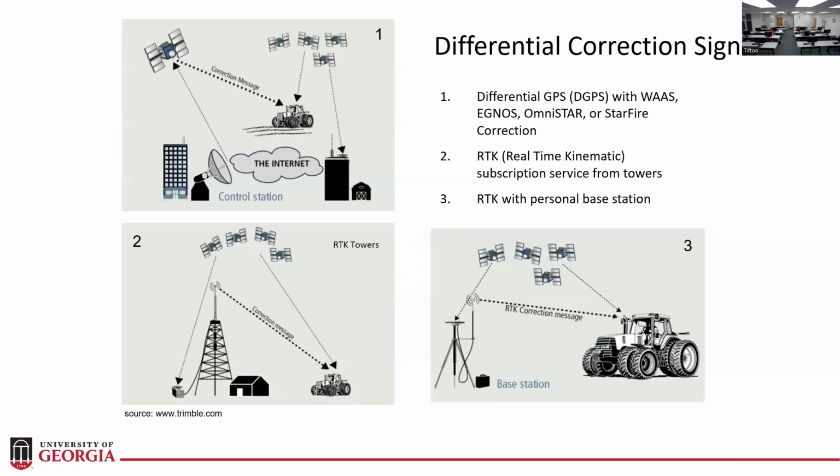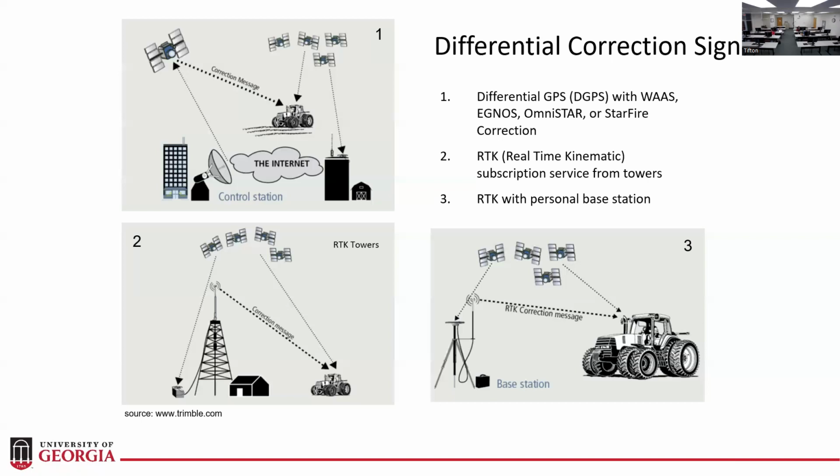So let's say you're somewhere in very rural Georgia, and your nearest base station is like 30 miles from you. The signal is going to be weaker, so this is going to decrease your accuracy a little bit. So the closer you are to your base station, the better your correction and the better the signal.